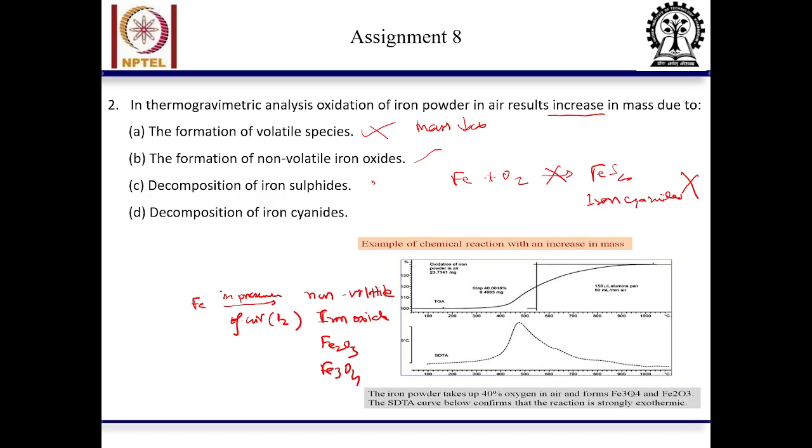Now this is the TGA plot for this one. Suppose they have taken 23.7141 mg. Now we are seeing a 40% increase in the mass in this step. That 40% is basically the oxygen which is taken.